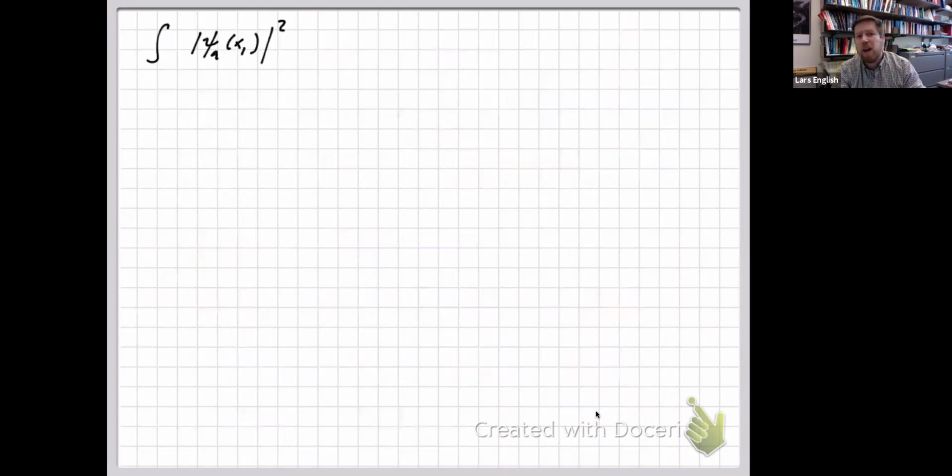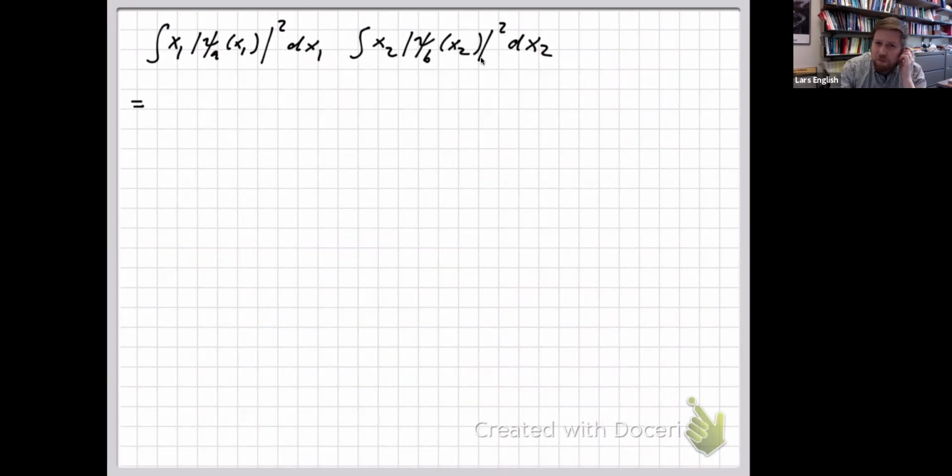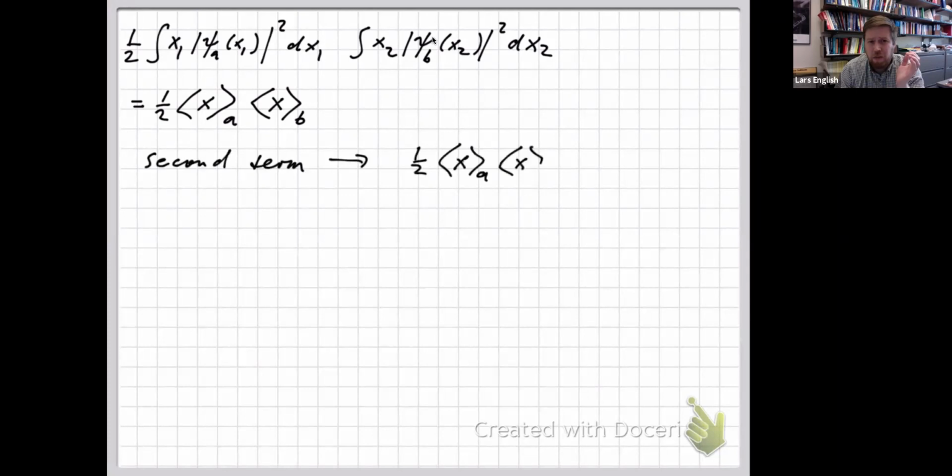So what would that look like? Okay, so now I have a product of x1 times x2. So this first integral here basically gives me that. That's from the first term. Okay, the second term will give you the same thing again.